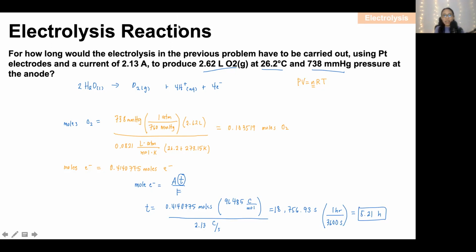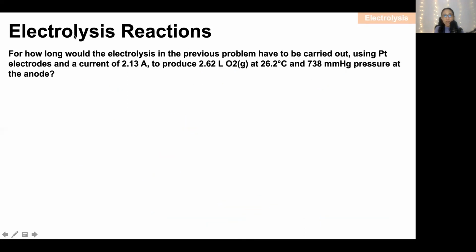So this is how we quantify our electrolysis reactions. And with this, I would like to end this lecture video, and we will continue practicing solving these problems, doing some analysis in our next session.